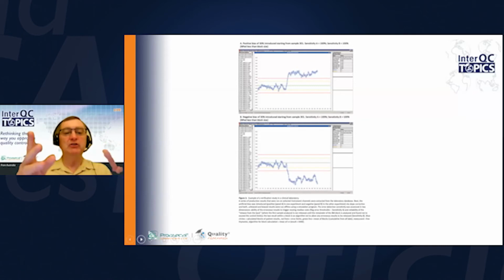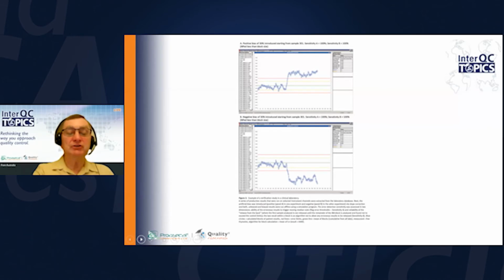If it's sodium, you might add +2 or +3 sodium to simulate that there's been a shift in the assay, and you can see the effect as the blue points, which represent the moving averages, go out of control. In the top graph, there's been a positive bias added. In the bottom graph, there's been a negative bias added.